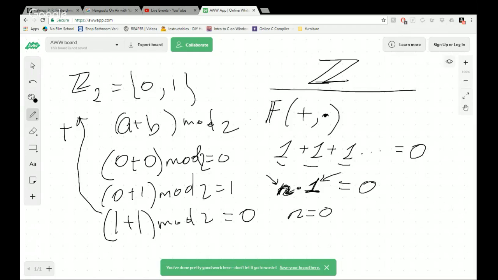Now, what is n? N is the number of 1s I've added to each other. It is definitely bigger than 0, right? There's more than 0 1s that we've added. That's what we're supposing.